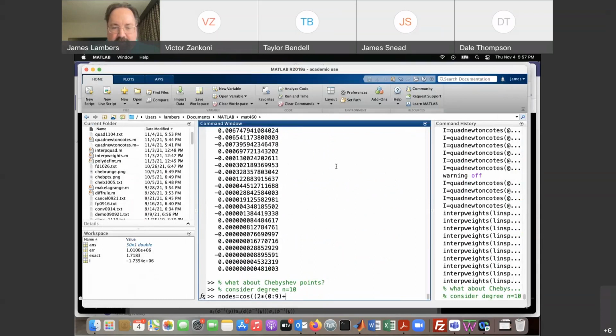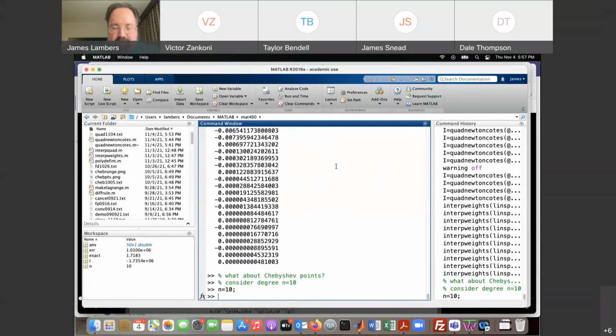Actually, I'll set a variable for the degree because I want to use this for different degrees. So use XC for Chebyshev. These are the Chebyshev points from that formula.